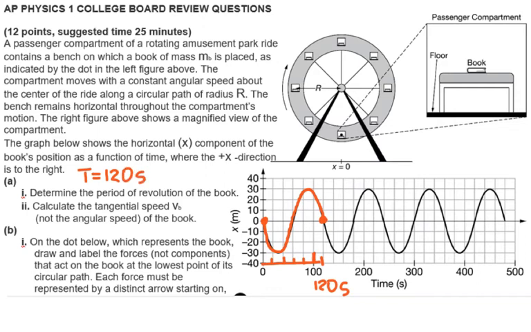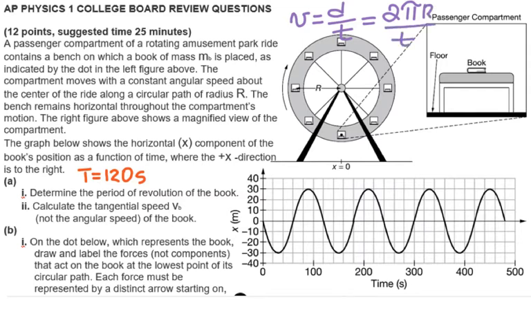In order to calculate the velocity of the book moving in circular motion, I need to figure out the radius because I need to find the distance. So the velocity is equal to the distance over the time, and I just found the time, how long it takes to go around the circle. The distance is 2 pi r, the circumference, over the time, which is the period.